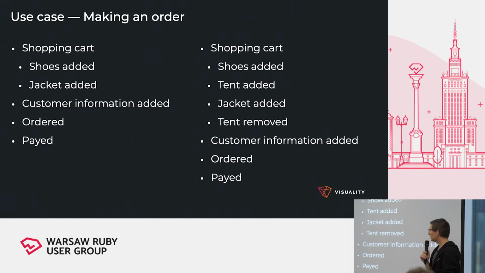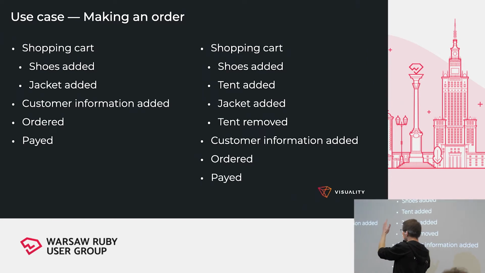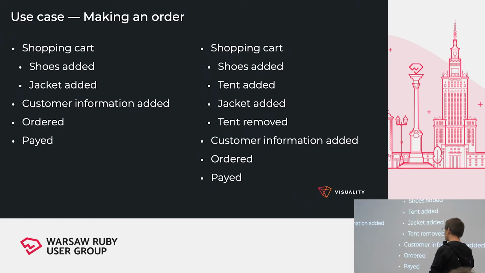So let's go over the most classical use case, similar to what we already had. We have two shopping carts. The one on the left has shoes in it, a jacket, customer information added, and the order was finalized. The one on the right is almost the same, but someone has also added a tent.